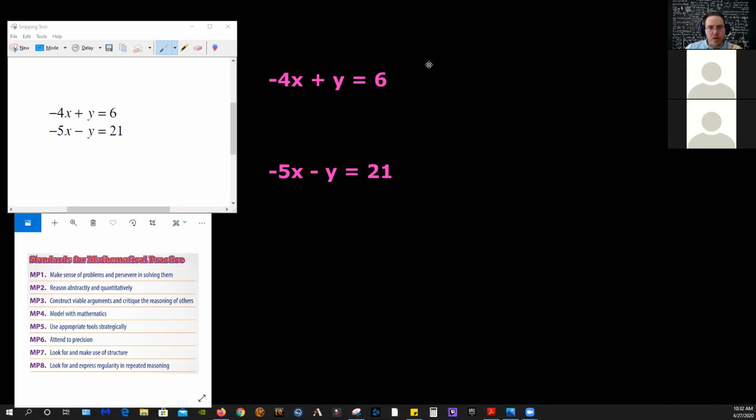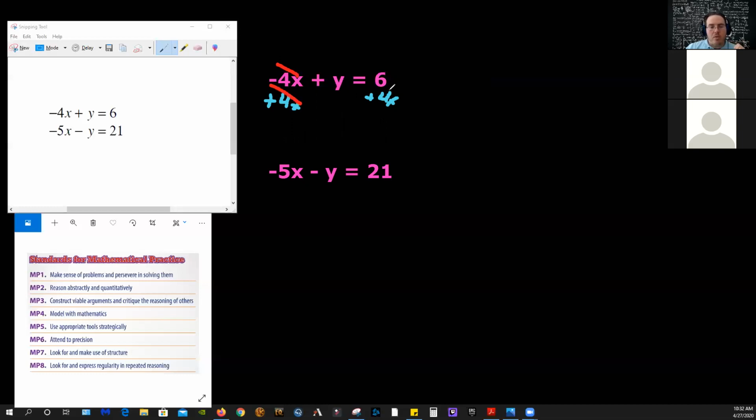If you'll notice, we can do a little inverse operation really quickly and make this y equals stuff. If we just add on 4x to both sides of this equation, so that'd be negative 4x plus 4x. That cancels, that makes 0.